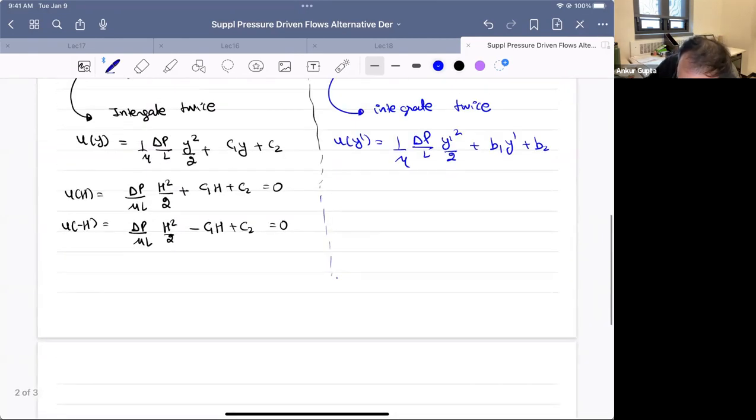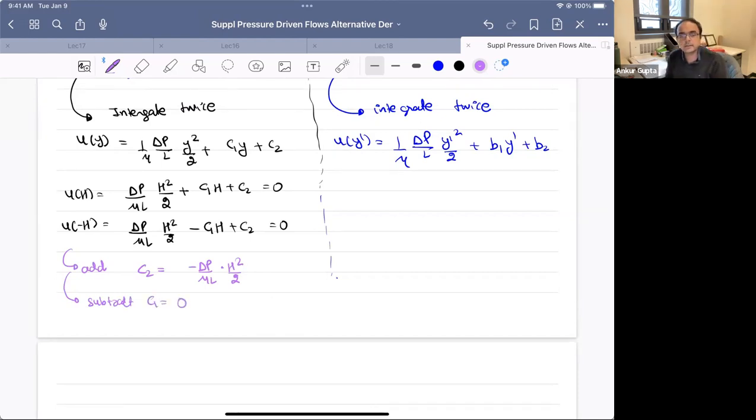So if I add them, I can cancel out c1, then I'll get c2 is equal to minus delta p by mu L into h square by 2. And when I subtract them, I simply get c1 is equal to 0.